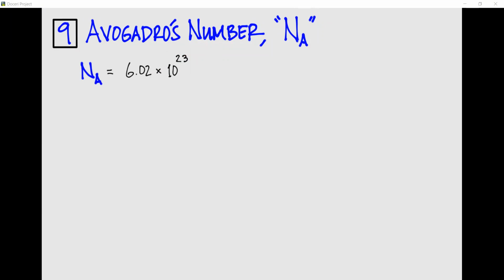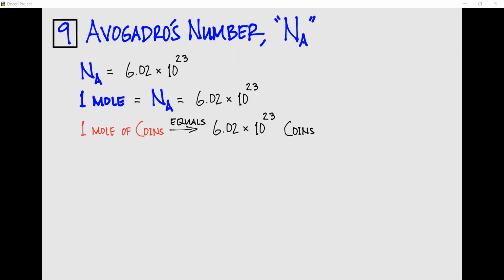That's Avogadro's number. 1 mole, so we have a unit in chemistry called the mole. 1 mole is equivalent to Avogadro's number, which is 6.02 times 10 to the 23rd power. So if you have 1 mole of coins or anything, then that means you have 6.02 times 10 to the 23rd number of coins.